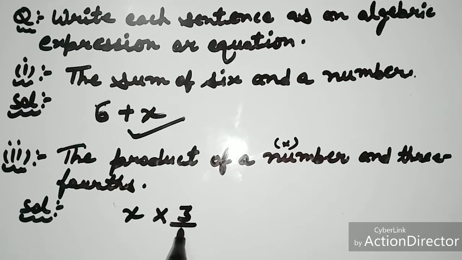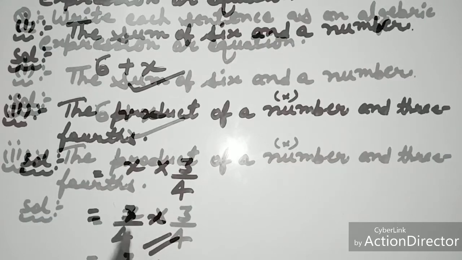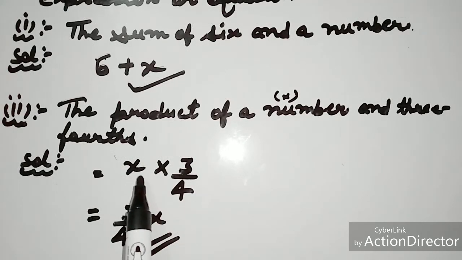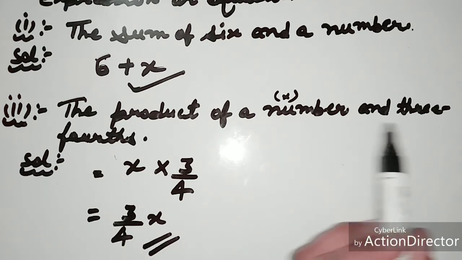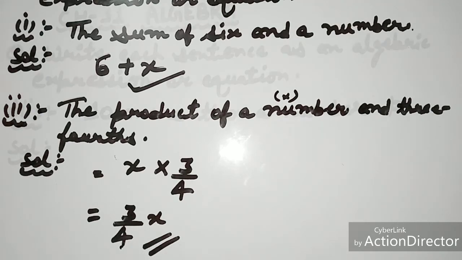We write 3/4 into x, or 3/4x. So the product of a number and 3/4 is 3/4 into x, 3/4x.